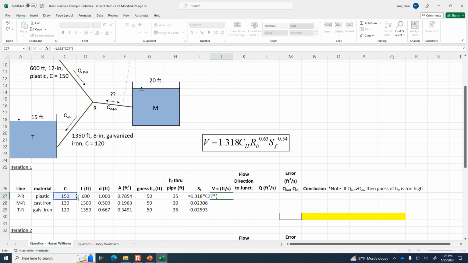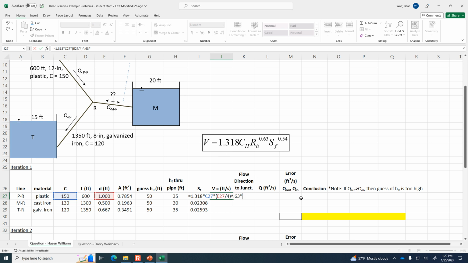So I'm going to just click on the diameter, divide by 4, and then when I close the parentheses, I now need to take it to the power of 0.63. And then finally multiplying it by the slope of the energy grade line.